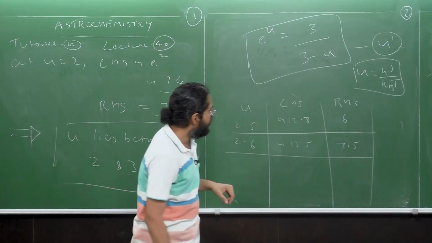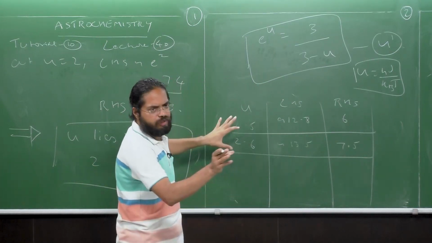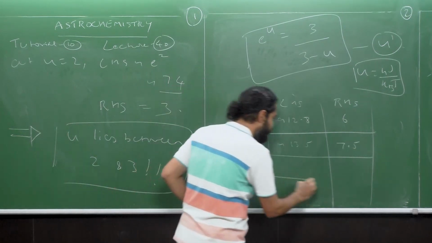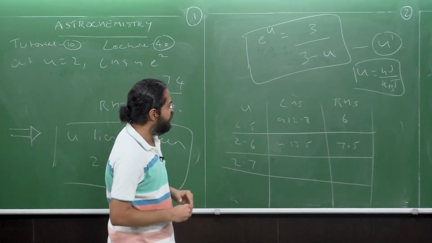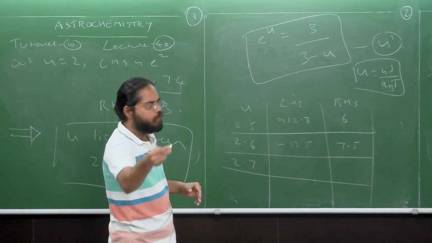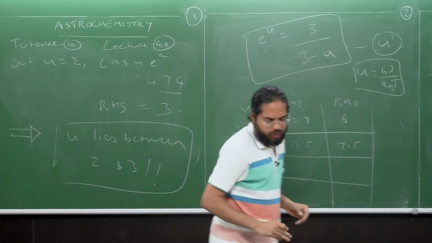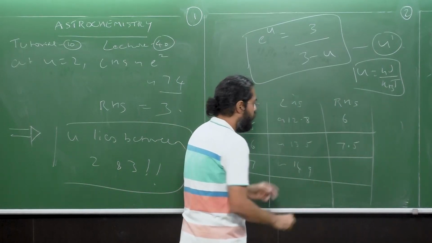Now, by looking at these two values, we've chosen 2.6. Let's go ahead with 2.7 actually. Once we go to 2.7, the value of the LHS, I've again noted, is going to be 14.9. How do I know these values?